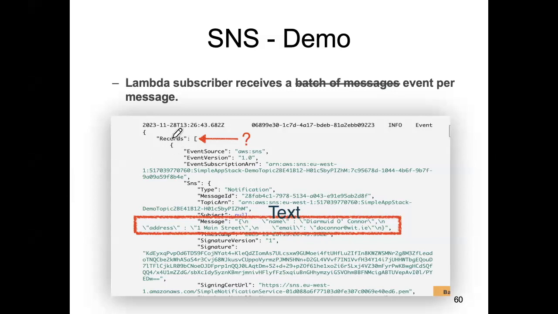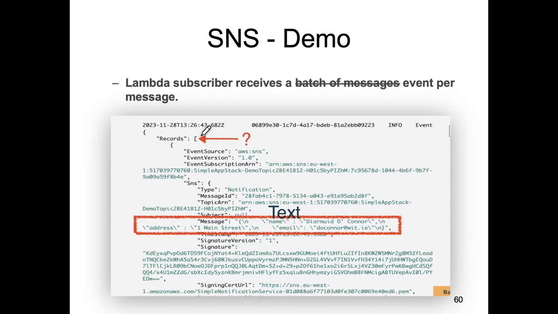When we were talking about SQS, the way Lambda and SQS work is the Lambda service polls the SQS queue for messages, and if there are messages there, it will batch them and send a batch of messages to your Lambda for processing.